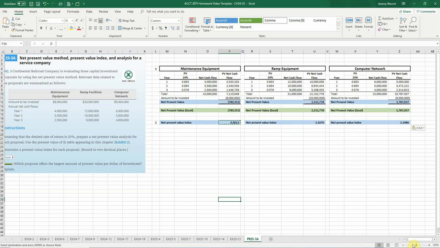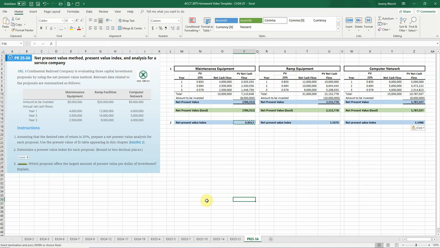Then part 3, which proposal offers the largest amount of net present value per dollar invested. Overall, the best return is the ramp because it has the highest net present value.